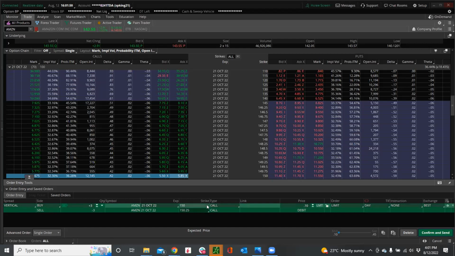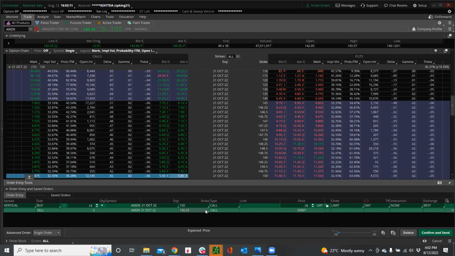Then I'm going to sell the same, so we're talking about the same month, the same expiry. But I'm going to sell the strike that is farther away.